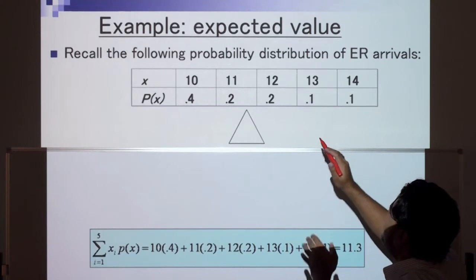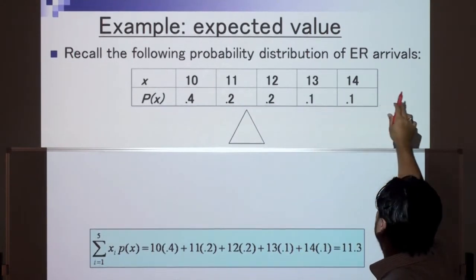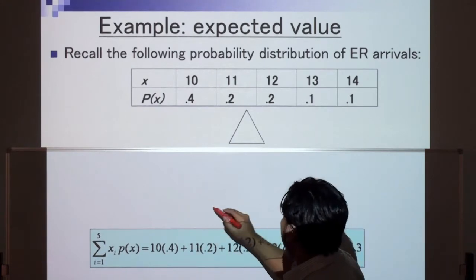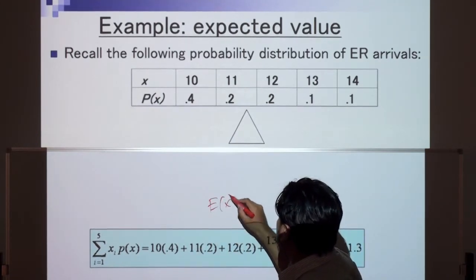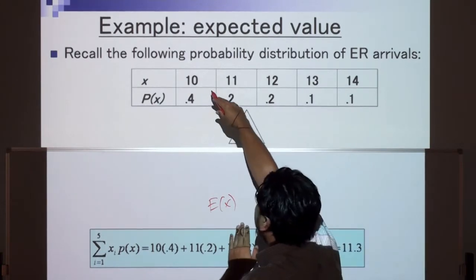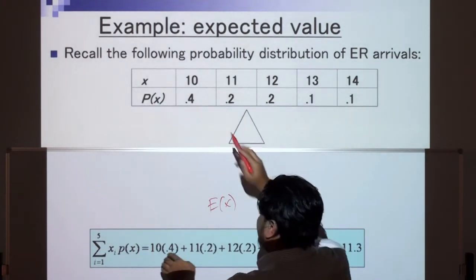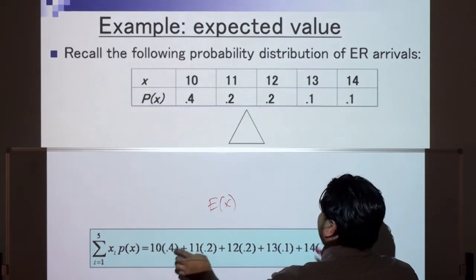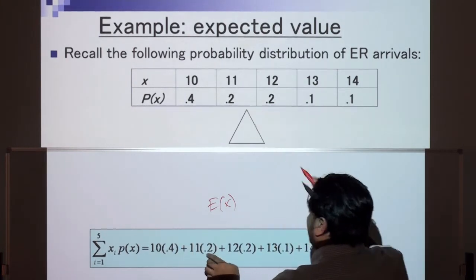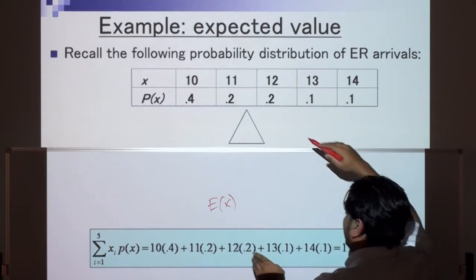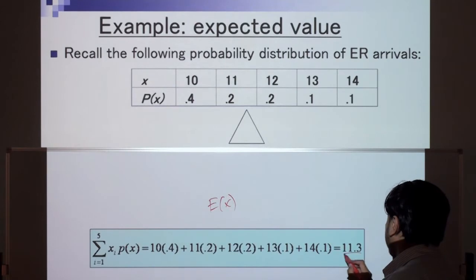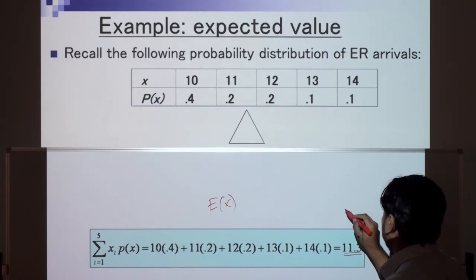Now, have a look here. Recall the following probability distribution that we did earlier. If we're looking for the expected value, we multiply each value of x by its percentage. So 10 multiplied by 0.4, then we add 11 times 0.2, or 20%, then we add 12 times 0.2, and so forth. And we find that the expected value is 11.3.